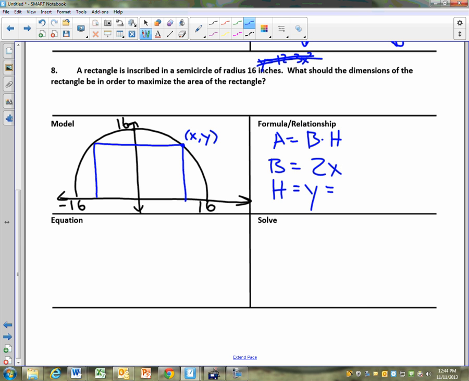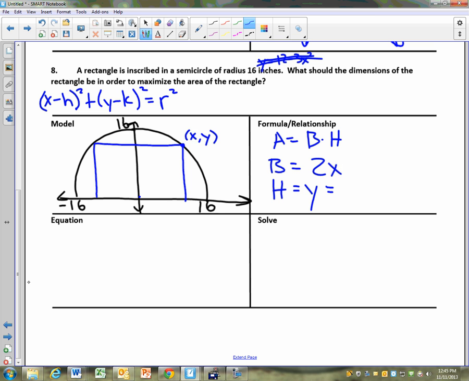Do you remember the formula for an equation for a circle? What's your center? Center at 0, 0.